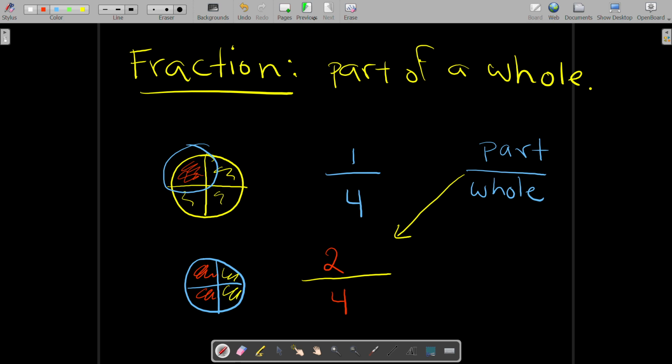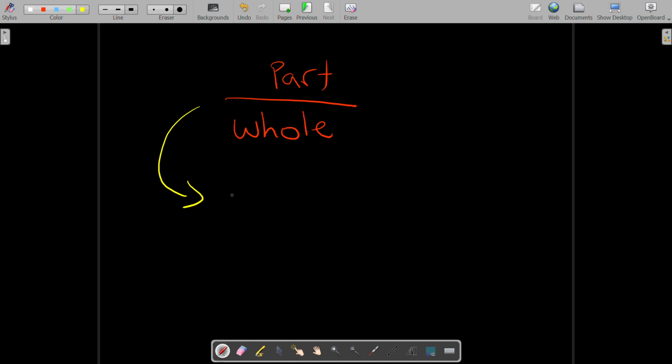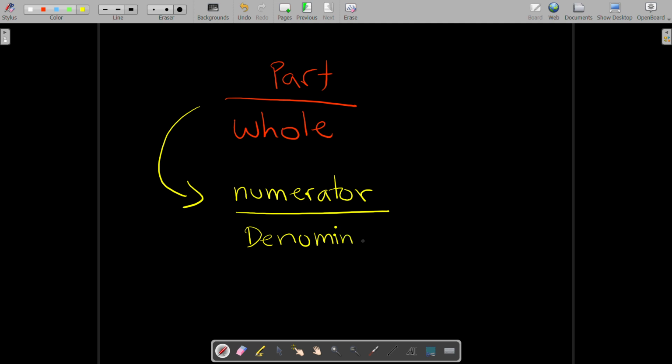Okay, so if we take that same concept, this is part and this is whole. So if we were to write this in mathematical terms, the part would be known as the numerator, and the whole would be called the denominator.